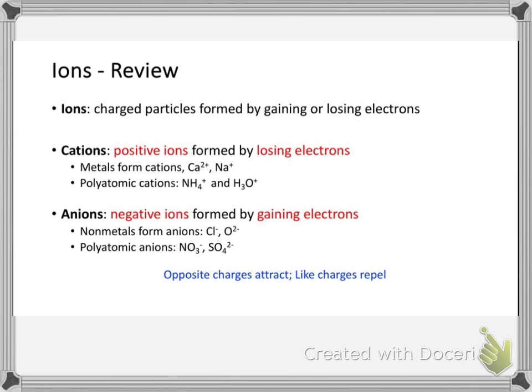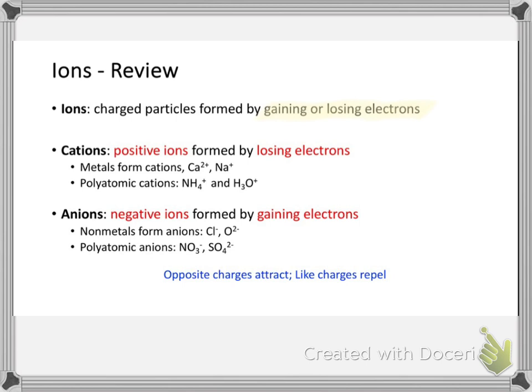And an important thing to remember is that we form ions by gaining or losing electrons. So in an atom, the subatomic particles that we consider in chemistry are protons, electrons, and neutrons. We have the protons and neutrons in the nucleus, and then we have the electrons outside the nucleus in the electron clouds.